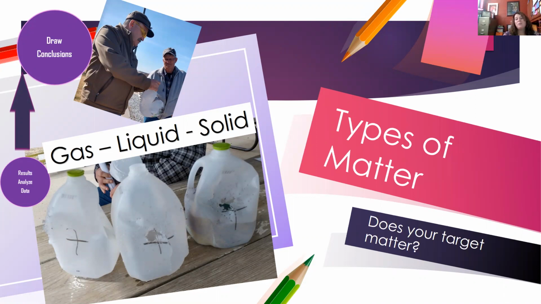I mean, it went a long ways, and so you would have to be aware of that if you were shooting at something like that. It's going to fly farther when you shoot it. The liquid, you're going to have to be careful that when the jug explodes, it doesn't hit someone or pieces don't fly off of it. And the solid is probably going to knock over, but not go a long ways.